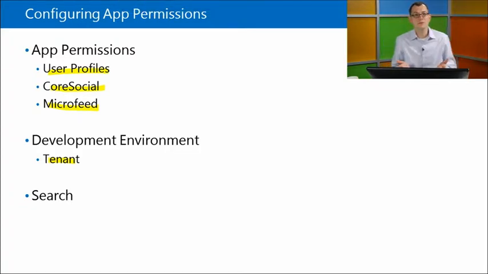So using these permissions, you'll be able to prompt the user when they're installing the app part or the app itself on your site, and they will be asked, do you want to allow access to all of these different things? And then your client-side object model code will run correctly, and you will not get a permission denied in the console window.